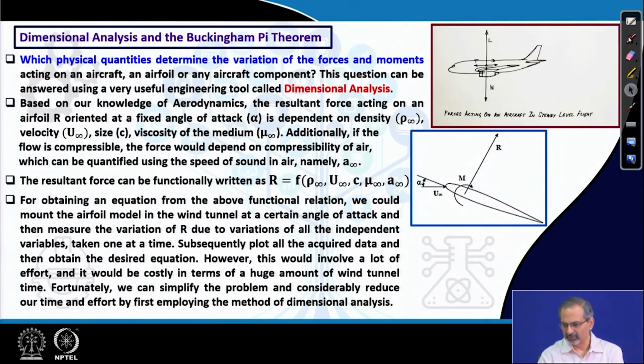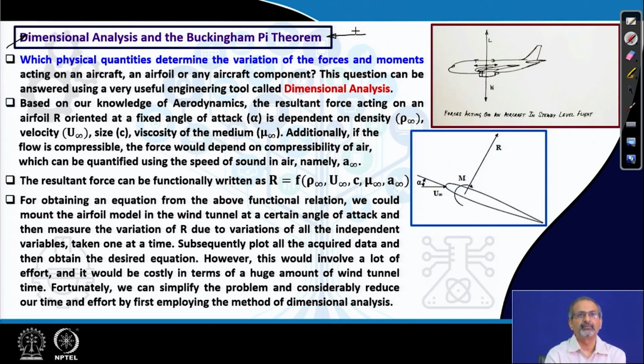The next topic that we are going to get into is a very important tool in engineering in general and in experimental aerodynamics in specific, which is called dimensional analysis. And there is a very, very important theorem which we will briefly describe over here, which is called the Buckingham pi theorem, which helps us to implement the dimensional analysis.